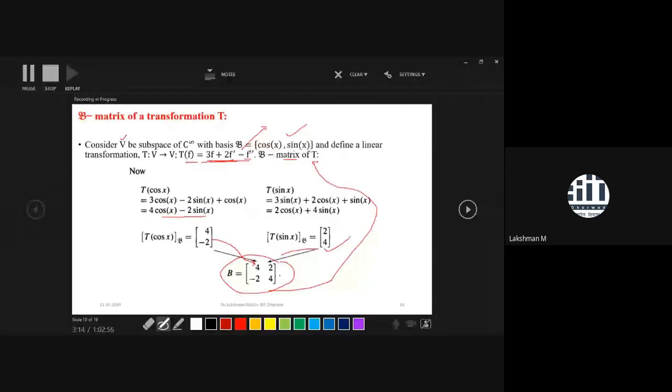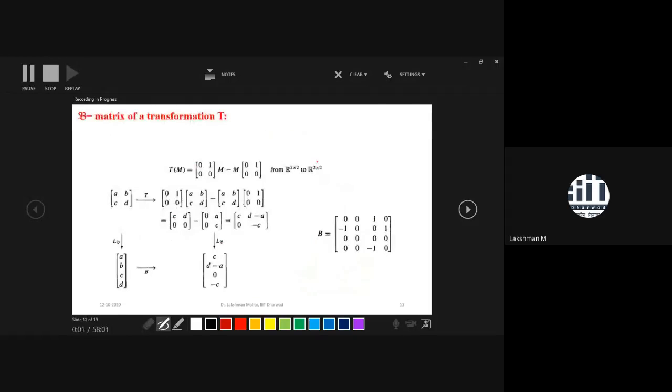Remember that without a given basis, you can't find the matrix of a linear transformation. When a basis is not mentioned, by default we consider the standard basis. If a basis is mentioned, we will find the matrix with respect to that basis only. So I have taken another example here.